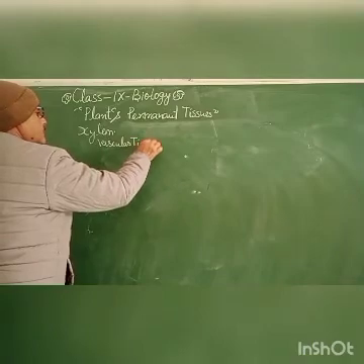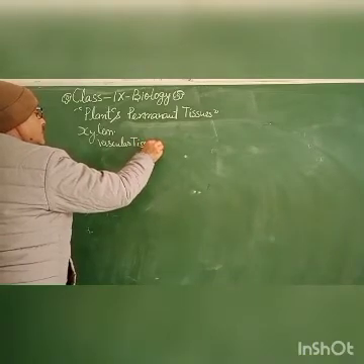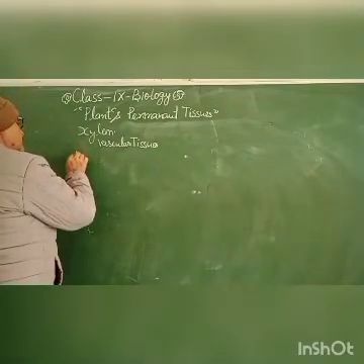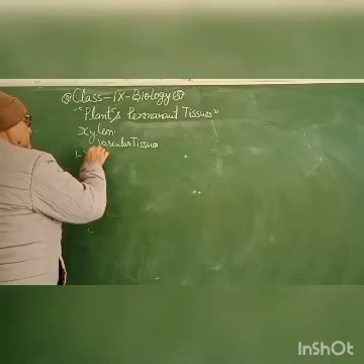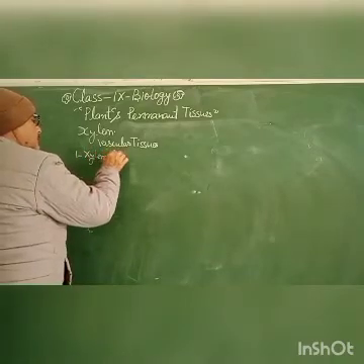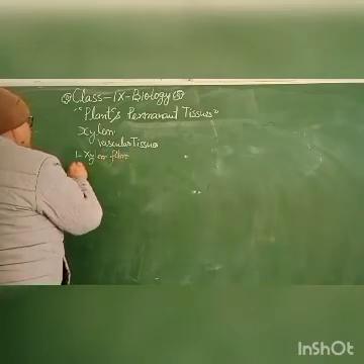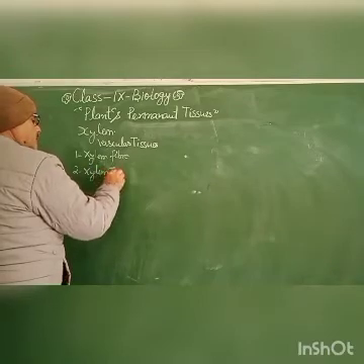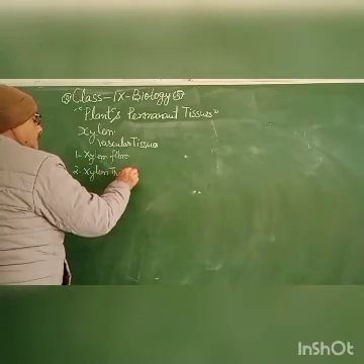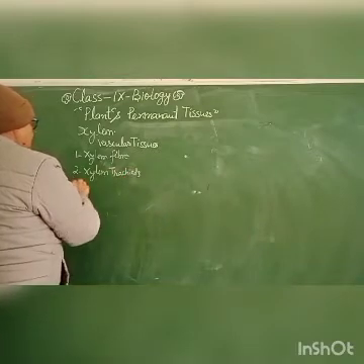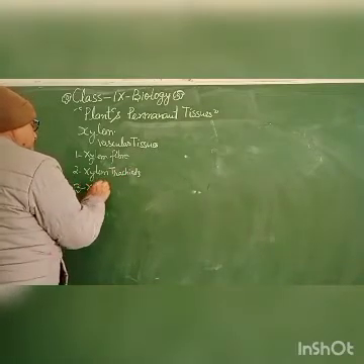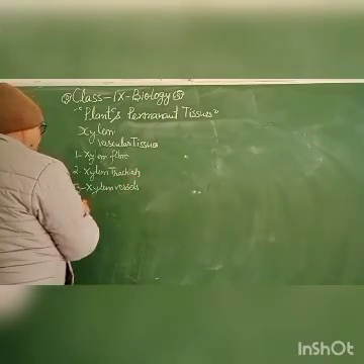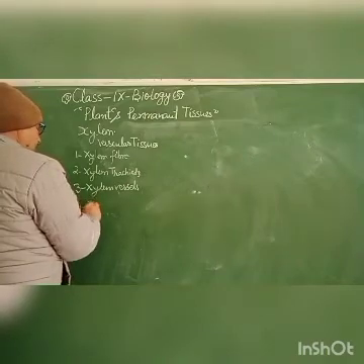As far as phloem is concerned, that is also vascular tissue, and xylem consists of four types of cells: xylem fiber, xylem tracheids, xylem vessels, and xylem parenchyma.